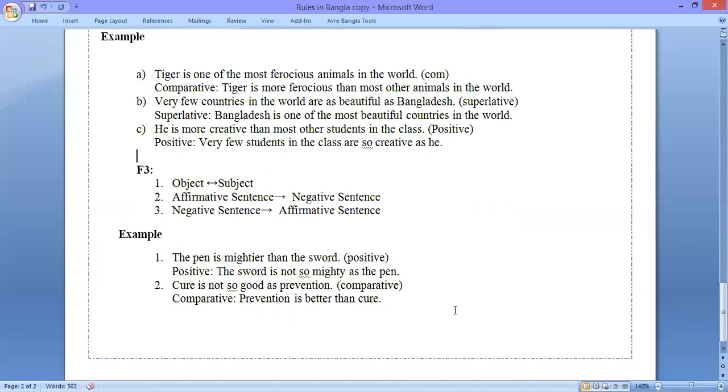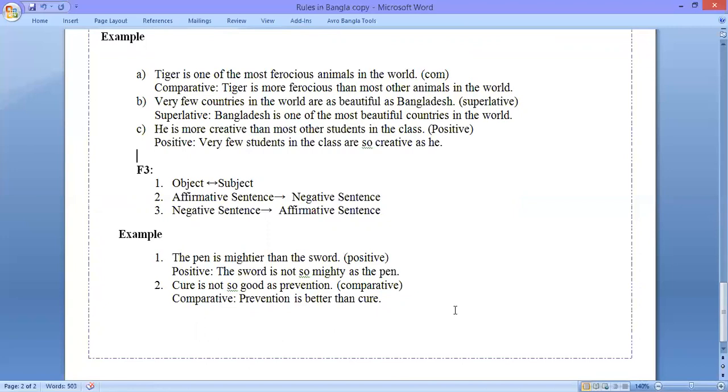If you look at the first example, we can see that the pen is mightier than the sword. This is a comparative degree and we need to make this positive. I said that we need to make the object the subject.